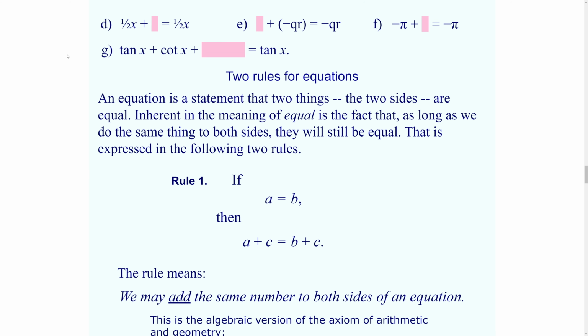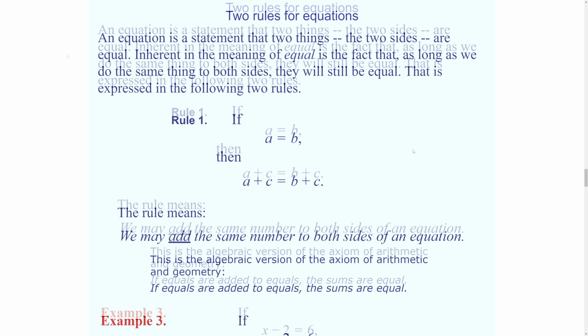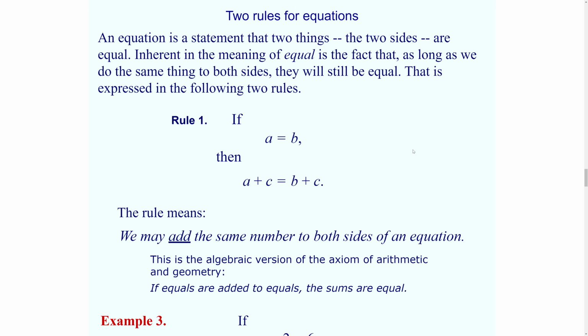Right, so let's deal with a few rules for equations then. When we have an equation, we know that whatever's on the left of the equal sign must be equal to whatever's on the right of the equal sign. That is a brief definition of what an equation is. It's something that's equal, so something is equal to something else.